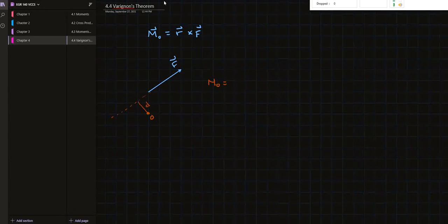The moment about O equals d times the magnitude of F. As simple as that.